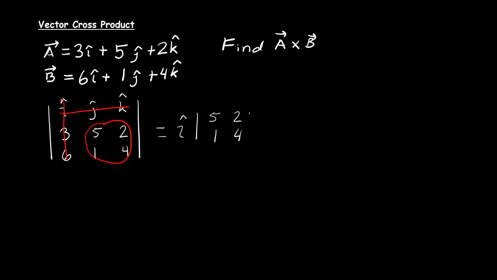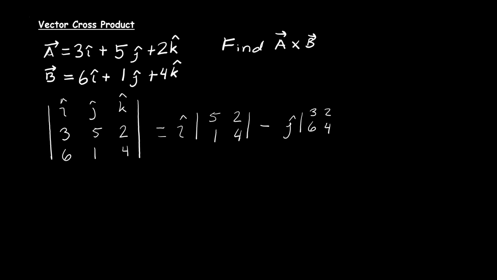In the next one, we're going to subtract j hat times the determinant of the 2 by 2 matrix 3, 2, 6, 4.